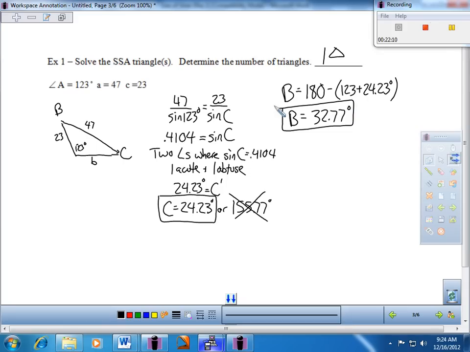Okay, wonderful. So I have angle A, solved for angle C, and it can only be one. Then I use those two to get angle B, and now everyone, I just need to use law of sines to get little b right over there. And so this is working out pretty well. I see this piece. So follow my lead if you would. 47 over the sine of 123, and now this one's not too bad at all because I just have little b and sine of 32.77 degrees.